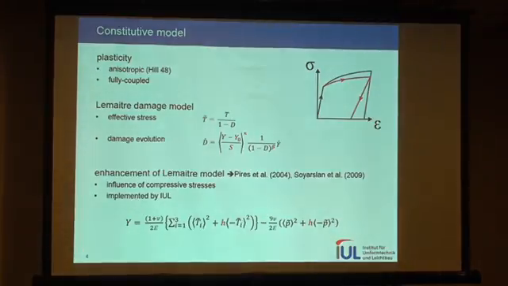The constitutive model is plasticity, which is fully coupled to the damage model. I've seen most people here at the conference and other researchers as well prefer Gurson-Tvergaard-Needleman. We have chosen a Lemaitre type damage model, where the effective stress is used. So we don't have just a reduction in plasticity, we also have a reduction in elasticity.